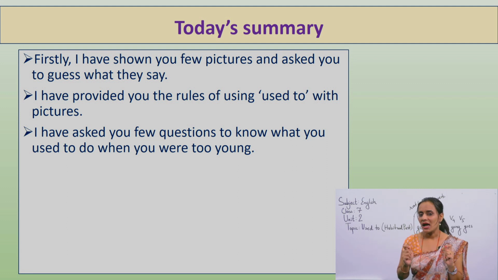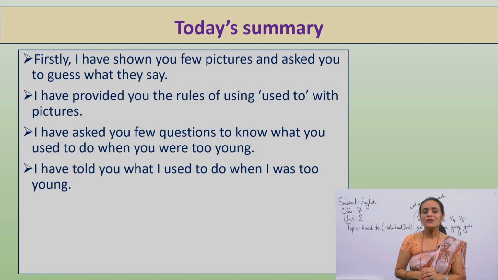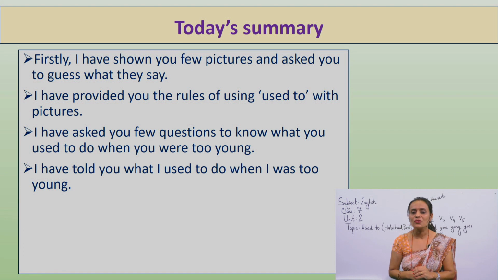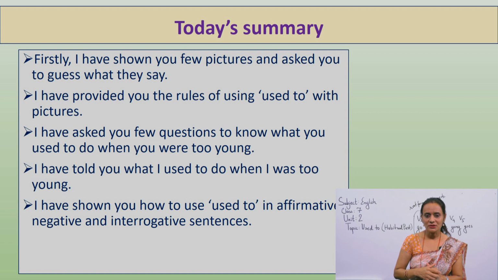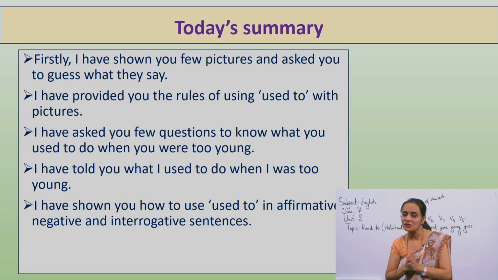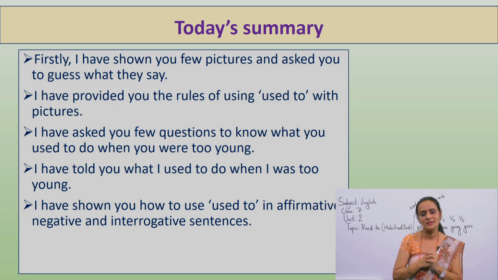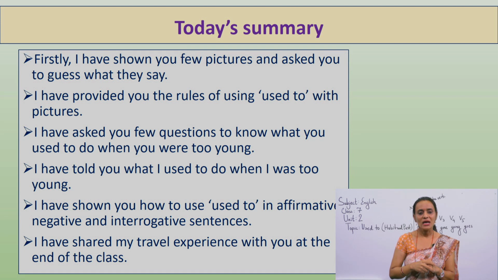And I think I was right. Is it? Yes. I have told you what I used to do when I was too young. Another, I have shown you how to use used to in affirmative, negative and interrogative sentences, in different types of sentences. And after that, I have shared my travel experience with you at the end of the class.